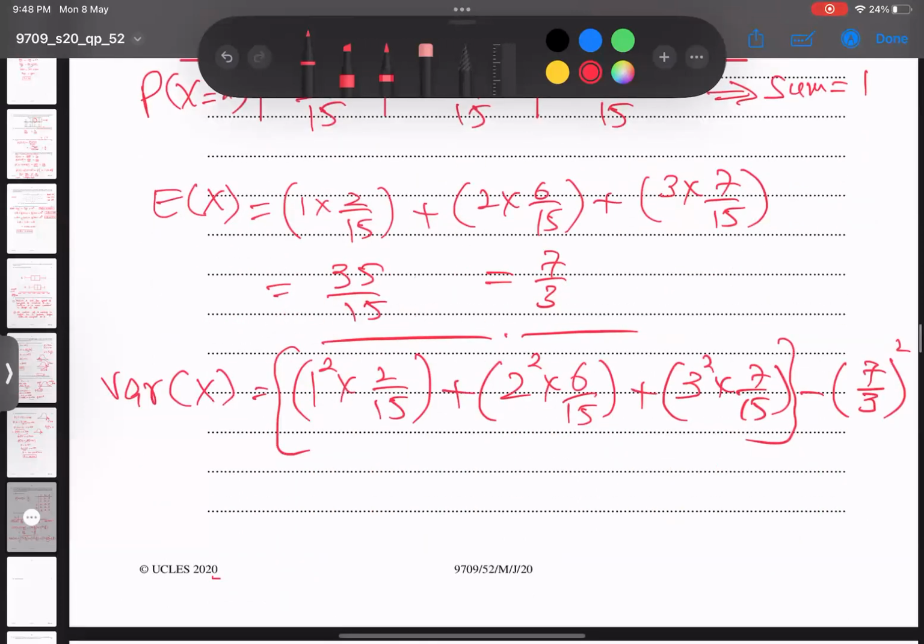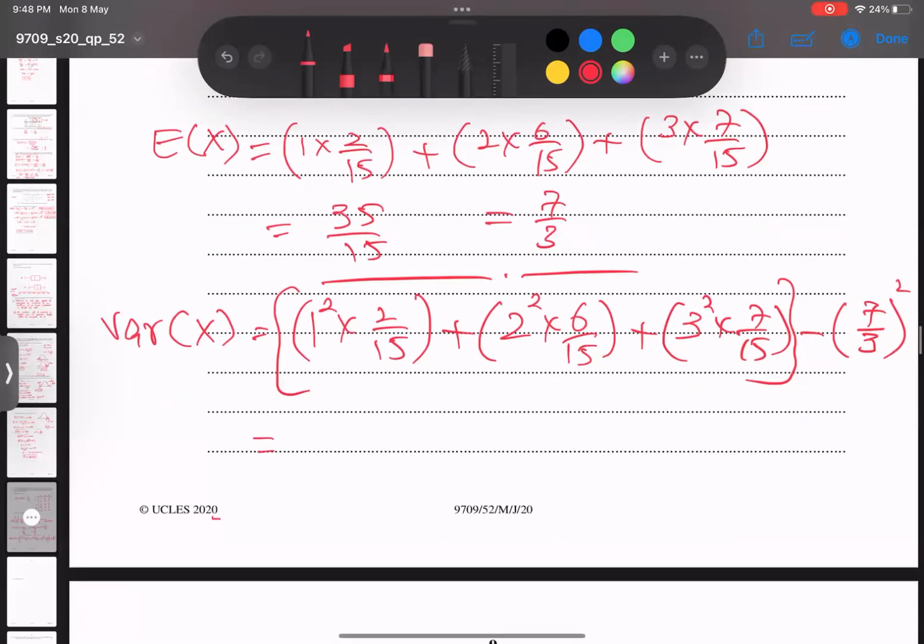And I hope the concept is very clear. If I calculate it, students, what is coming here? It is coming 89 over 15. And from here, I got 49 over 9, 7 sevens are 49, 3 threes are 9.